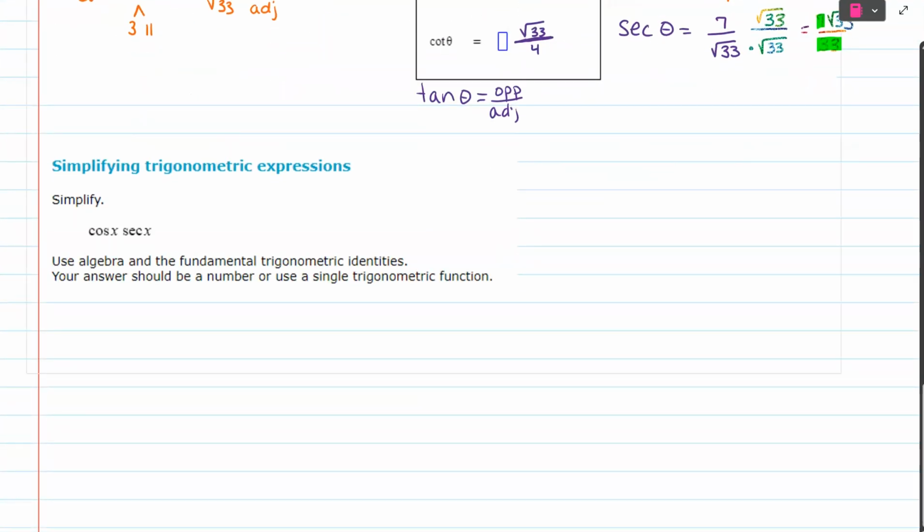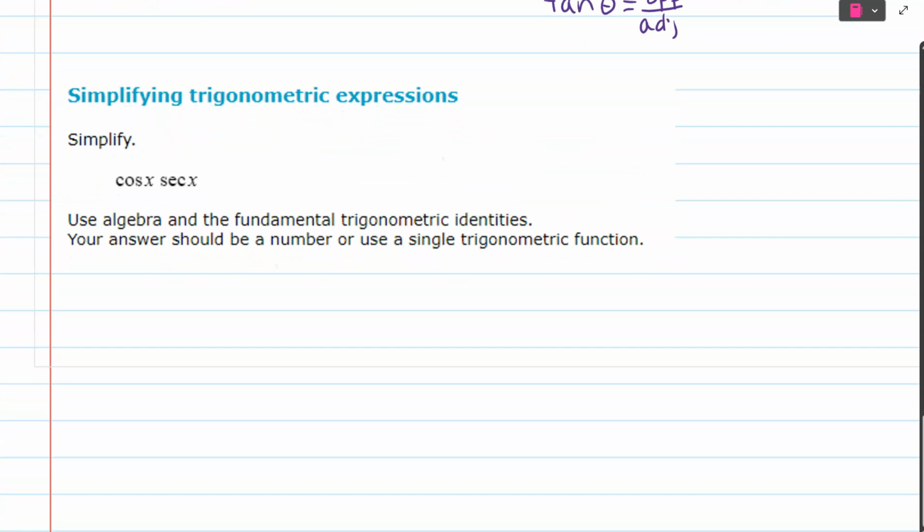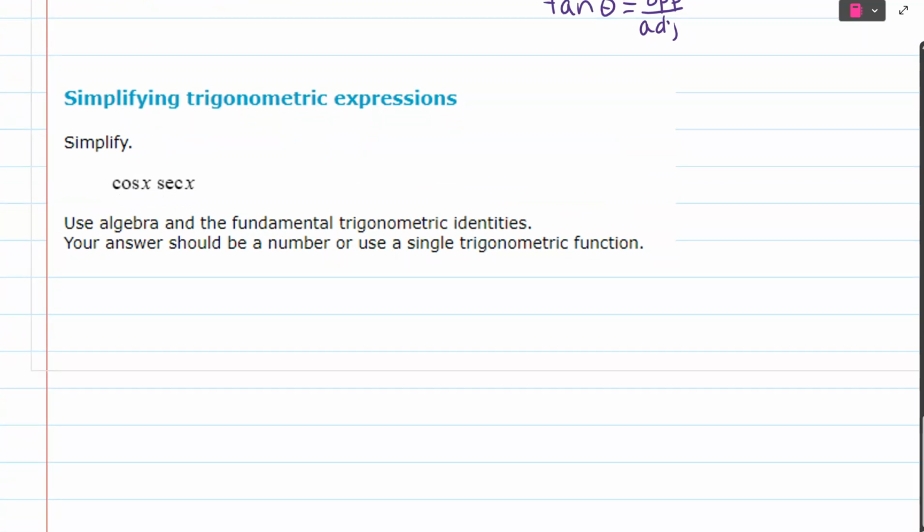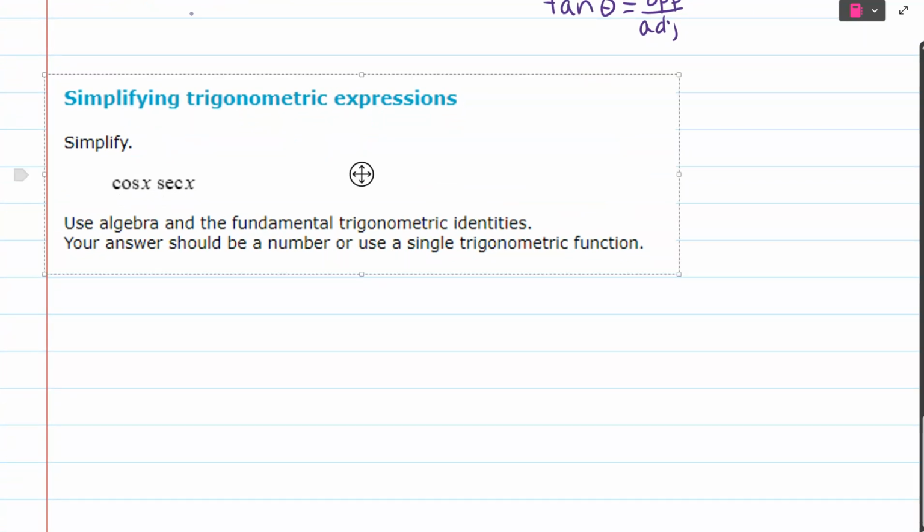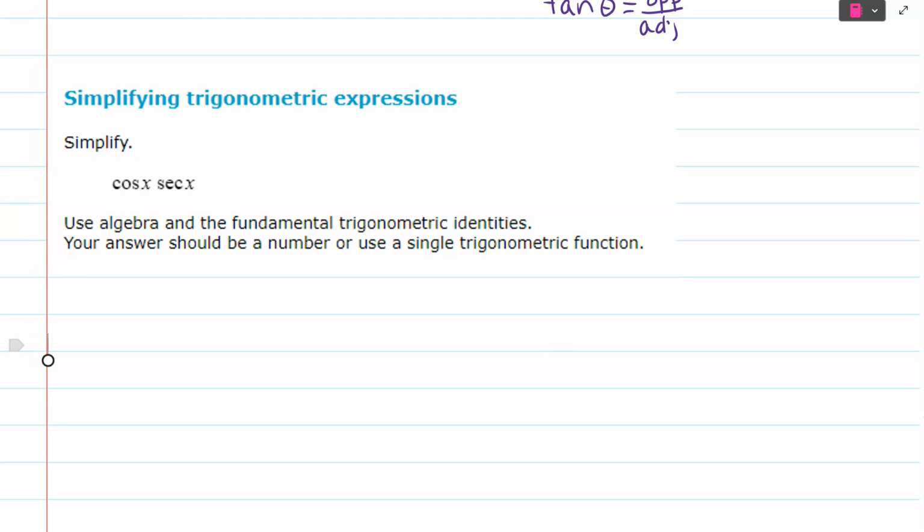So now, another thing we can do with these expressions is simplify them. When you're simplifying a trig expression, you're only going to use some basics. For example, secant of an angle is 1 over cosine of an angle.